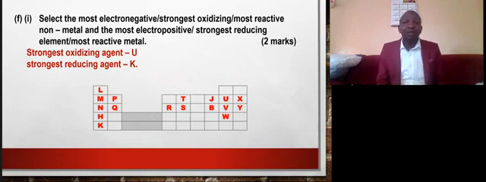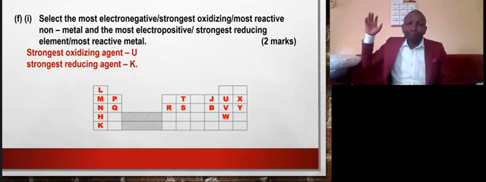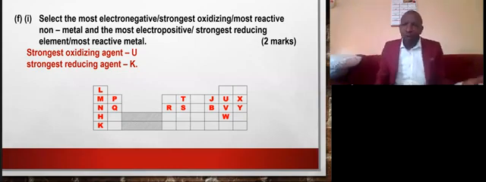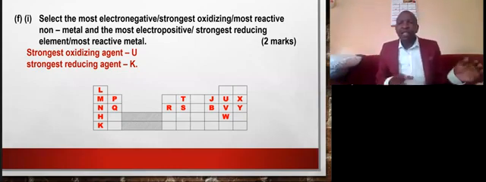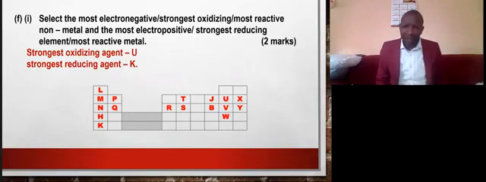Don't go for helium, or maybe hydrogen. It must be a non-metal with a small atomic radius, and exclude the noble gases. Normally, for the strongest oxidizing agent you go for group 7. For the strongest reducing agent you go for group 1. Do you understand? Yes, I think that's clear.